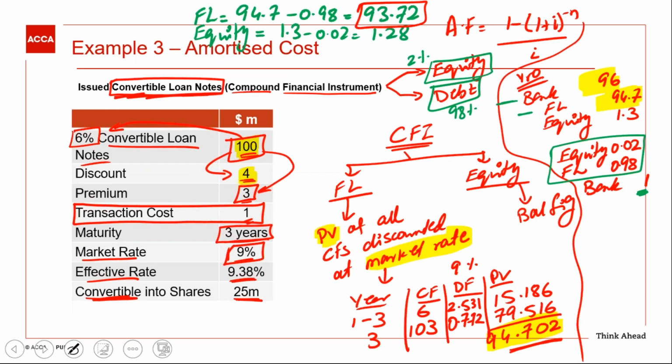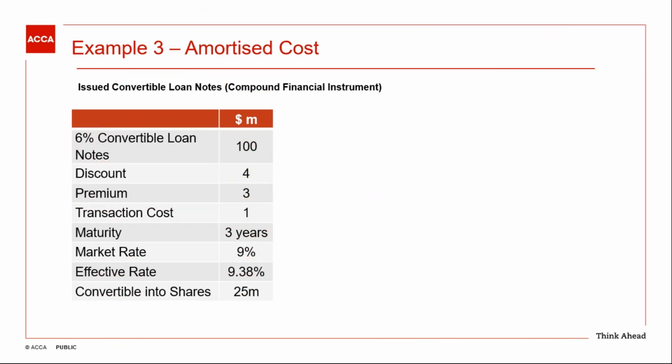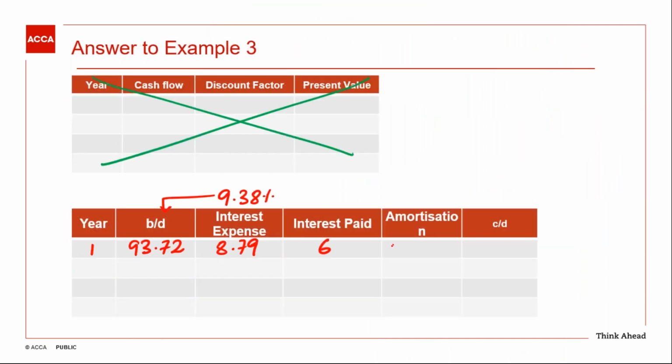And the interest paid is going to be 100 million into 6%, which is going to be 6. So 2.79 is the amortization, and the carried down is going to be 96.51. Do check my oral maths, because again there are sometimes blunders. So is the carried down right? 96.51.